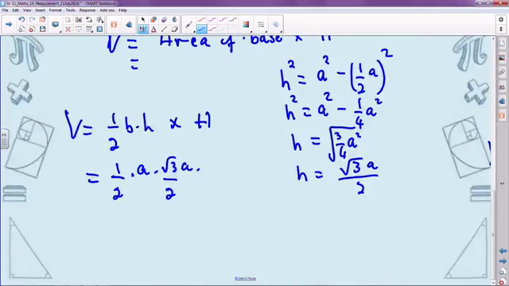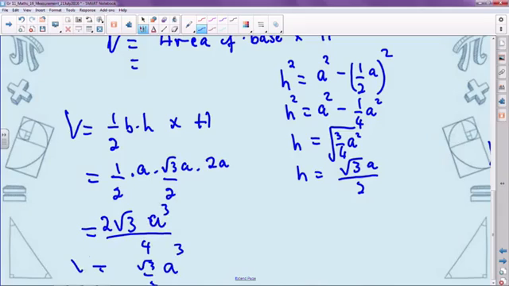So you've got your 2A here. So the volume will be your square root of 3 times 2 A cubed all over 4, which gives us root 3 over 2 A cubed. So the volume is given by the square root of 3 over 2 A cubed and cube units.